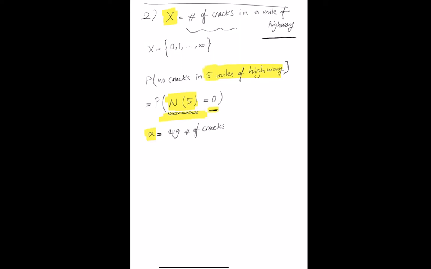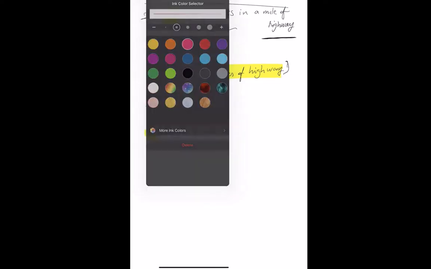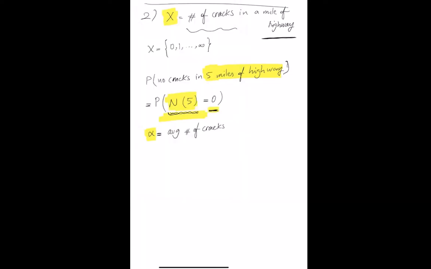Okay, give me 1 second. So now my alpha for this random variable N5 should show the average number of cracks in 5 miles of highway.